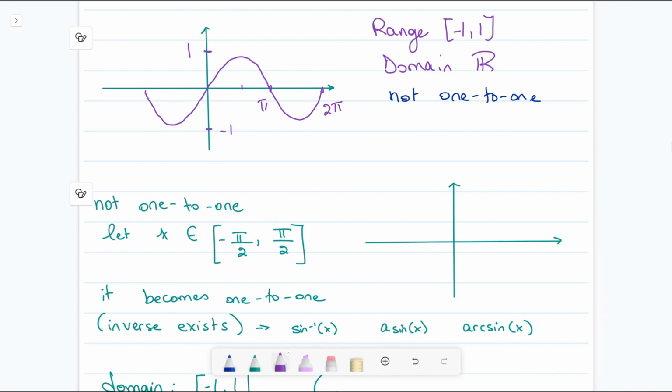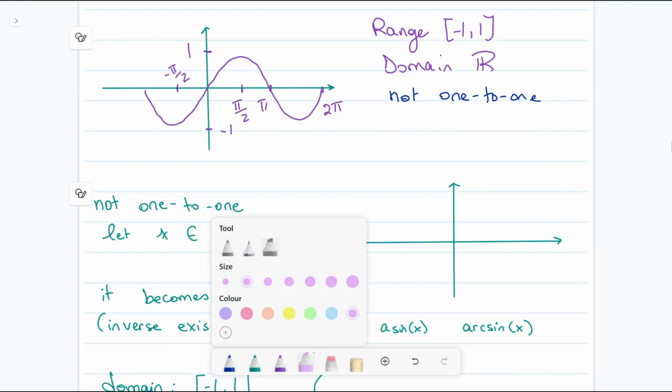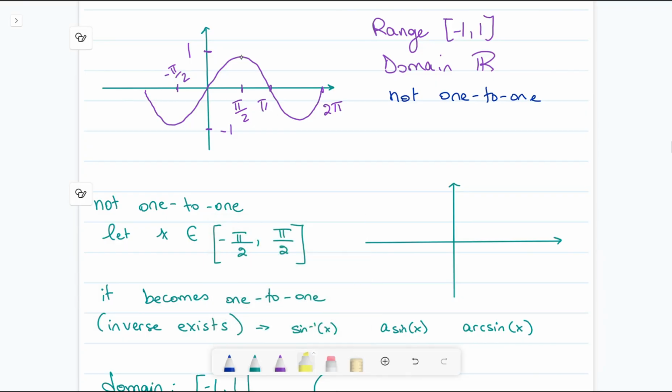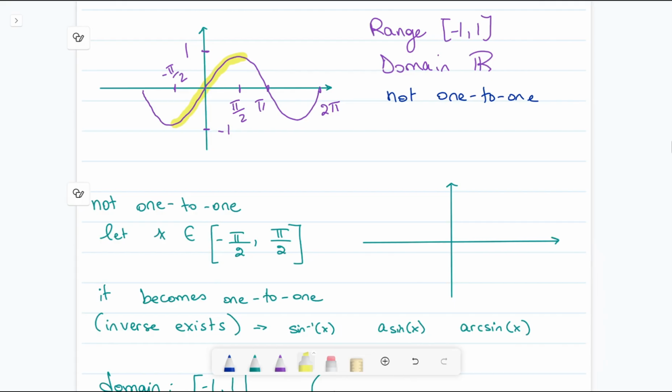So on our graph that we already drew, this is pi/2, and here we have -pi/2. So I will highlight this region. This region I highlighted in yellow is the region we would restrict our graph to.